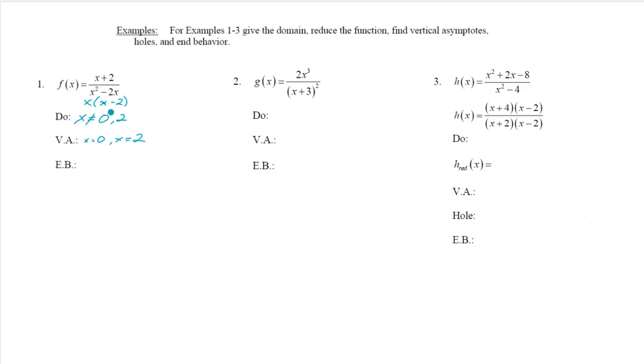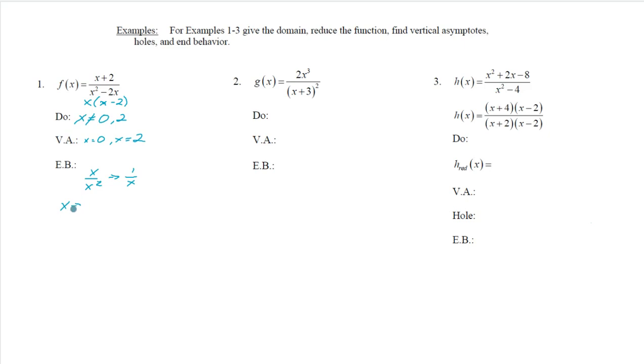Now, the final thing, our end behavior, we can identify some of the end behavior by taking a look at our first term in both the numerator and denominator. And so in this case, our numerator has an x as a first term, denominator has an x squared. This can be reduced to 1 over x. Now, as we go towards infinity, this is going to show us that the larger the number in the denominator is going to get closer and closer to 0.